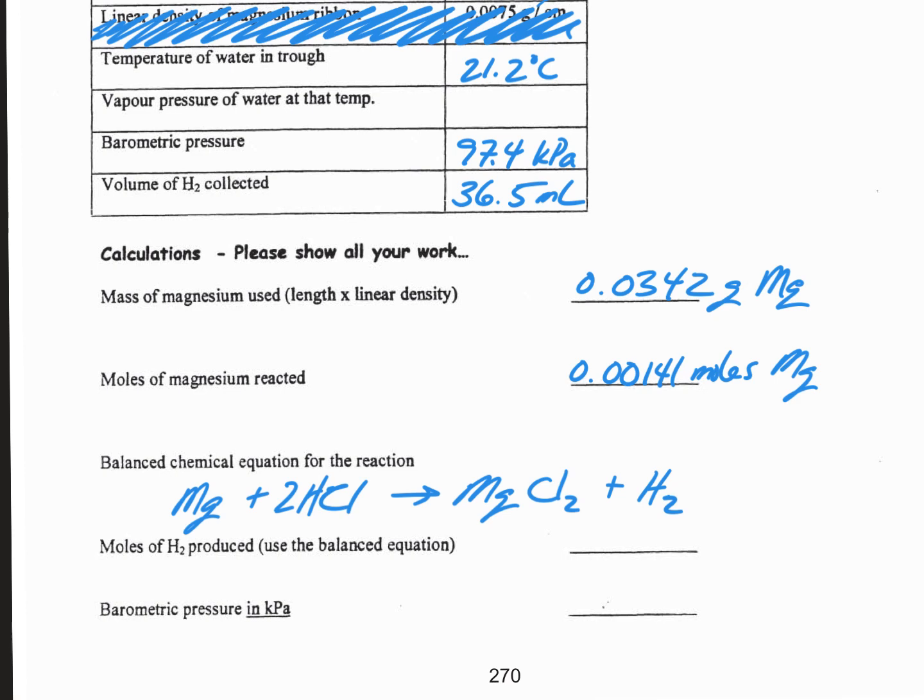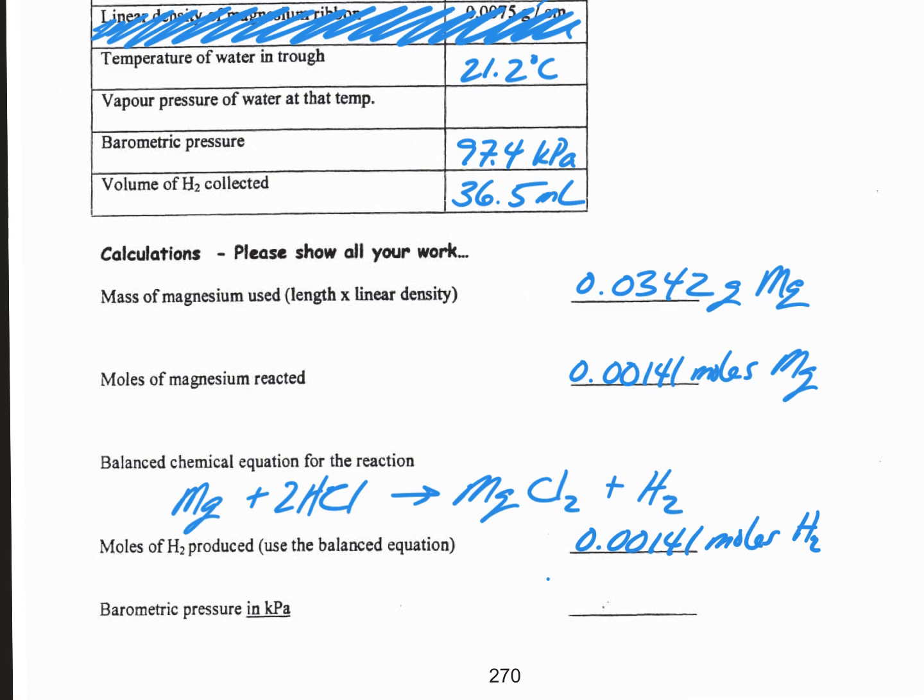I hope this is very obvious to you, so I should probably let you do this on your own. But here we go. The number of moles of hydrogen that would be produced is 0.00141 moles hydrogen. That should be very obvious, because that's a 1 to 1 ratio.